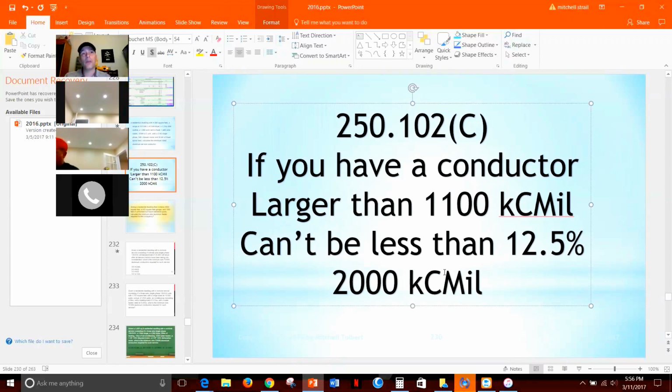So they separated these two tables, even though they look real similar, into two separate tables so that we could have one dedicated to our neutral conductors with the special math that you're looking at with note 1. The other one is just a normal table with the regular notes that it had from before. So that's why I had you mark on the top of that table, minimum neutral conductor size. That's basically the best way to look at it.